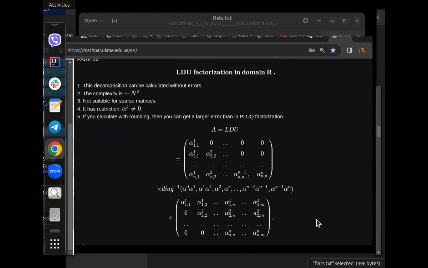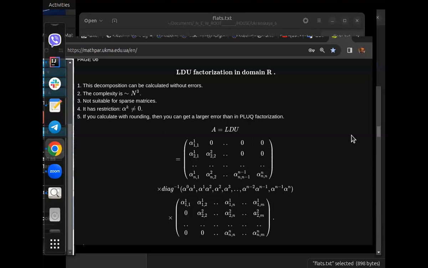Such a decomposition can be done absolutely exactly if you want. What are the new features? These decompositions can be calculated without errors. This is the first. The complexity is n cubed, and it is not suitable for sparse matrices, as for the previous one. We now have one restriction: the diagonal minors must not be 0.